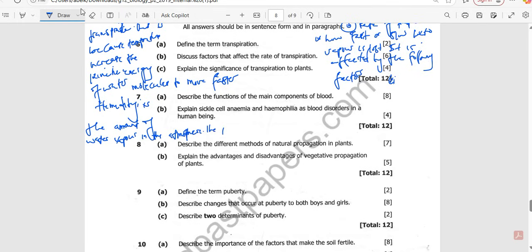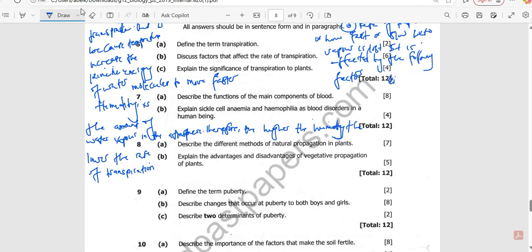Therefore, the higher the humidity, the lower the rate of transpiration.